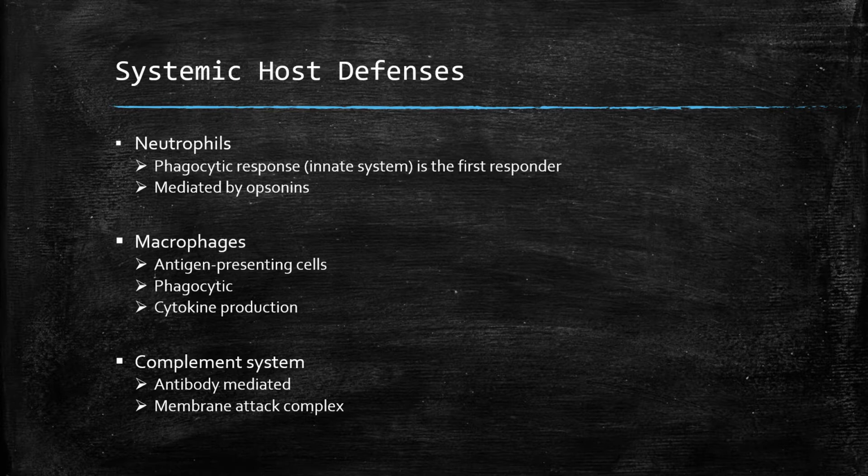Macrophages are also a critical part of the innate immune system, and they're extremely versatile. They function as antigen-presenting cells, phagocytic cells, and they produce innumerable cytokines, which will be responsible for further coordinating the immune response. The complement system is an antibody-mediated system, and this leads to the development of the membrane attack complex on the foreign cell.